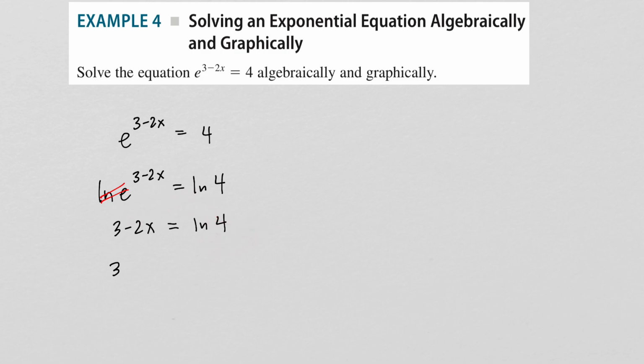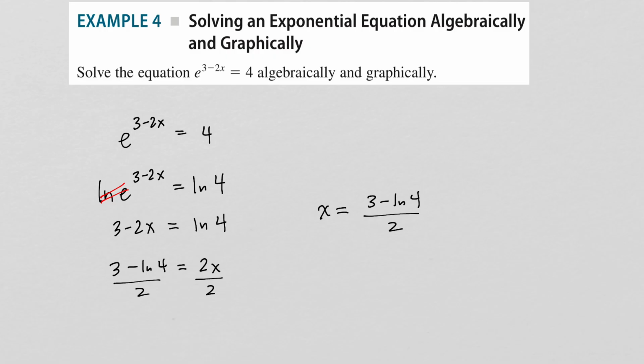So we have our 3. We're going to subtract natural log of 4 to the left side. And we're going to add 2x to the right side. The reason I'm doing this is because now I just have to divide by positive 2. And so x is going to be 3 minus the natural log of 4, divided by positive 2.